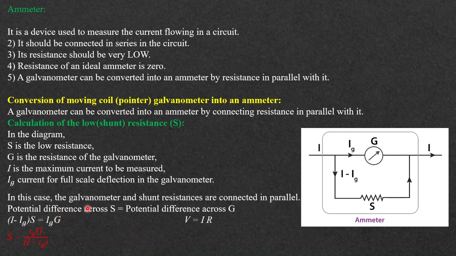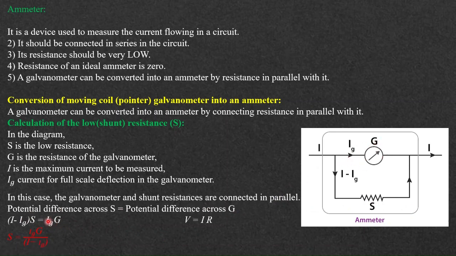And on the right hand side, we have the galvanometer. What is the current flowing through the galvanometer? It is Ig. So instead of I, I can write Ig, and instead of R, I can write G, which is the resistance of the galvanometer. So we got this equation: on the left hand side I into R, and on the right hand side also I into R, but one is for the resistance connected here, and the other is for the galvanometer.